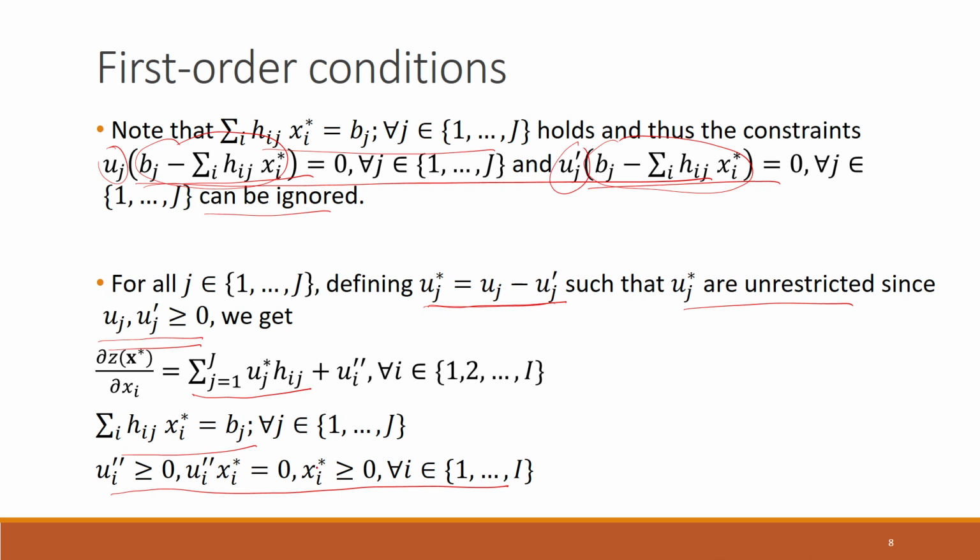Now there is one final step that needs to be done. We will be replacing the value of ui double dash that we get from here, with this term minus this term, and we will be putting the value of ui double dash here and here. So let us do that.